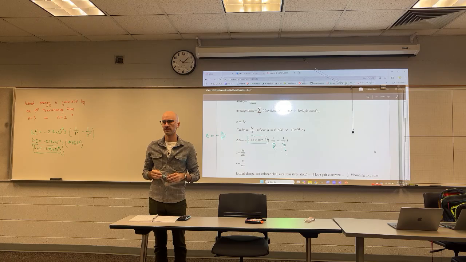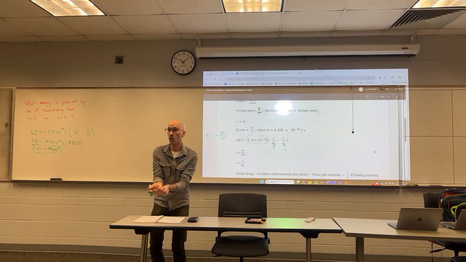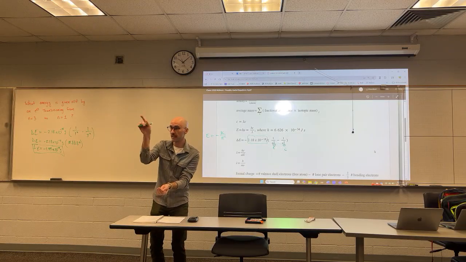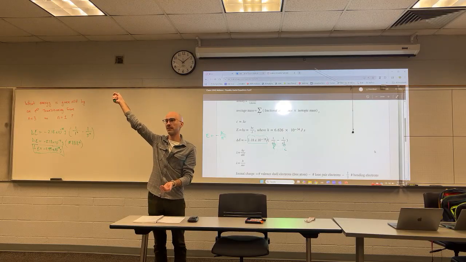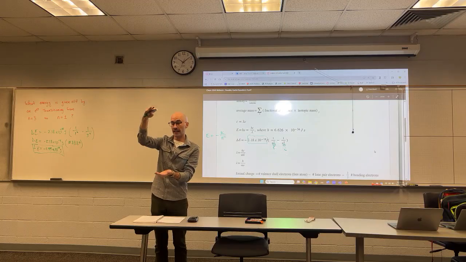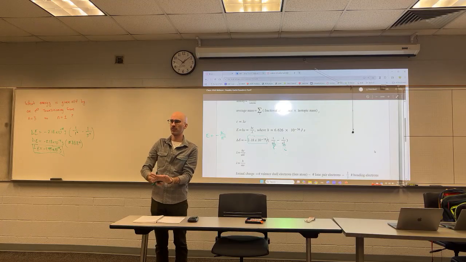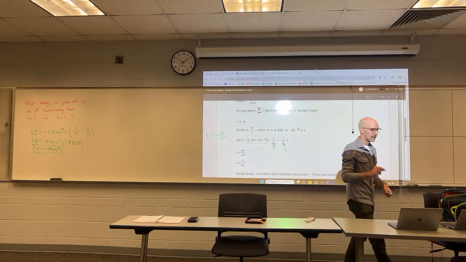I thought if you're trying to pull an electron out, it takes more energy the closer it is to the nucleus. That's true, because it's a low energy electron. So to get it out, I have to put in a lot more energy. Okay. I have to put energy in to get it to the third shell.